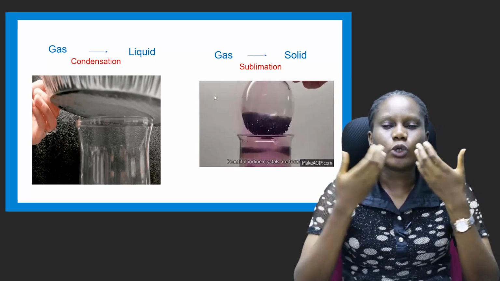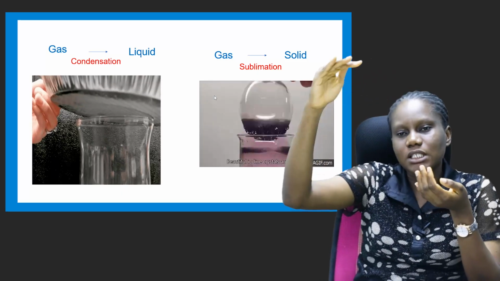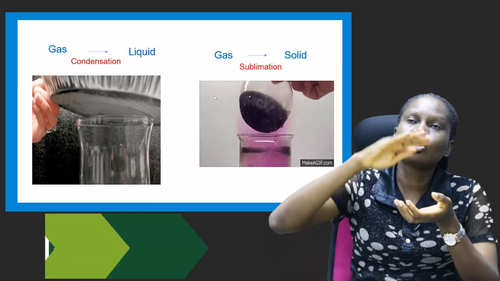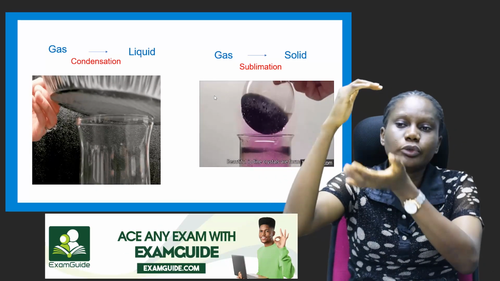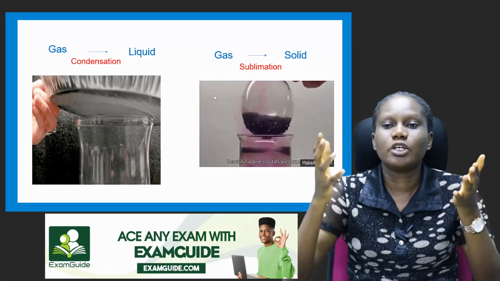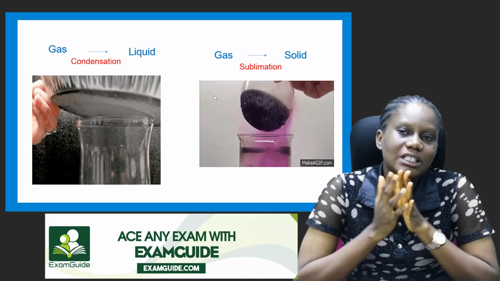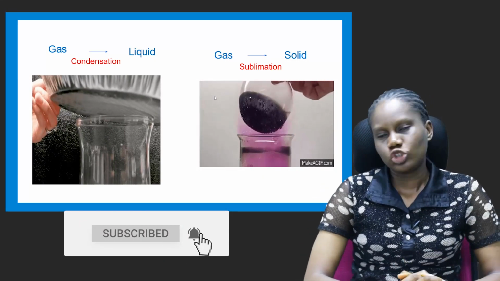So just take a container, perhaps an iron container, and place it over that steam coming out. You begin to see some formation of vapor on that lid you are holding. And if you allow it to cool down, you have your water back. That is condensation. So gas to liquid is condensation.